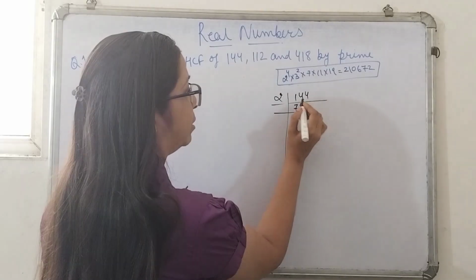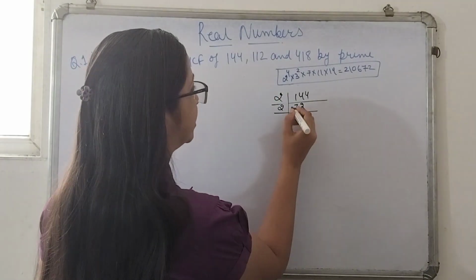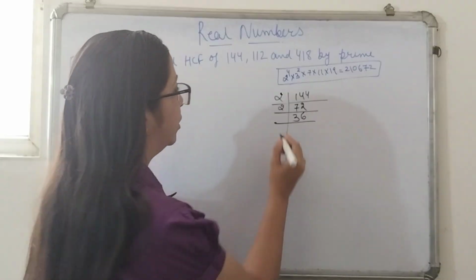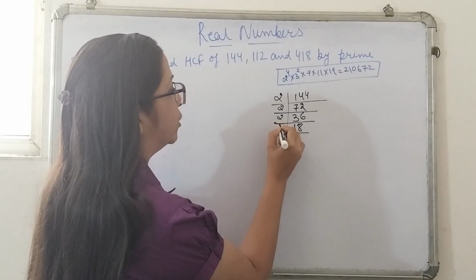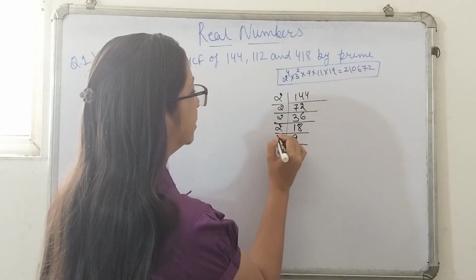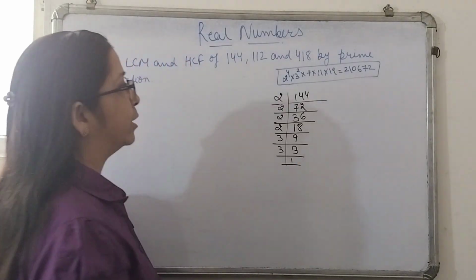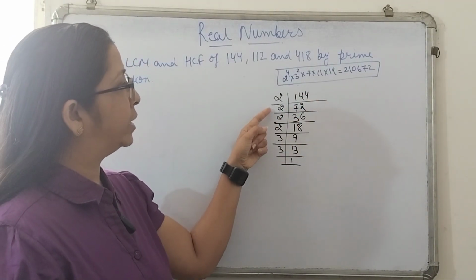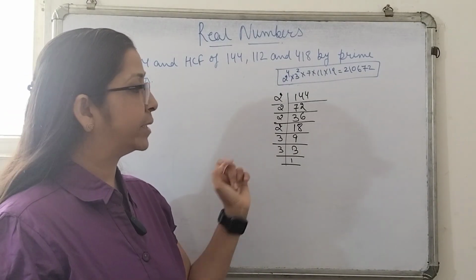Then again it is divisible by 2. So if we divide it by 2, we get 36. Again we divide it by 2 and we get 18, then 9, then 3 3s are 9, 3 1s are 3. That means we can write 144 as 2 multiplied by 2 multiplied by 2 multiplied by 2 multiplied by 3 multiplied by 3.